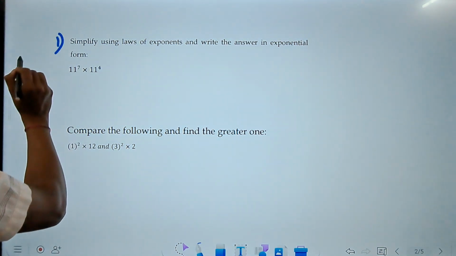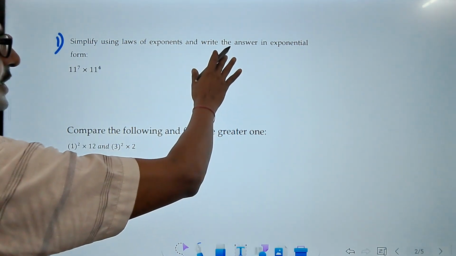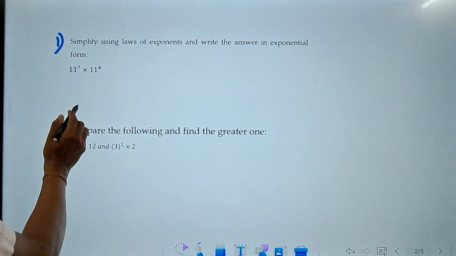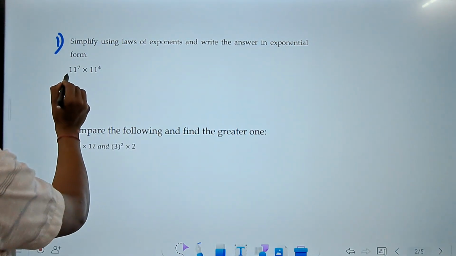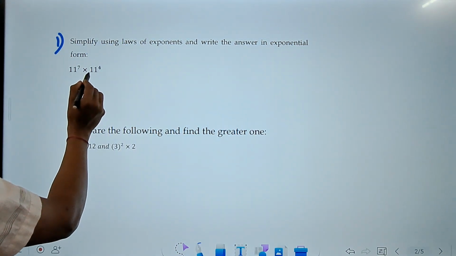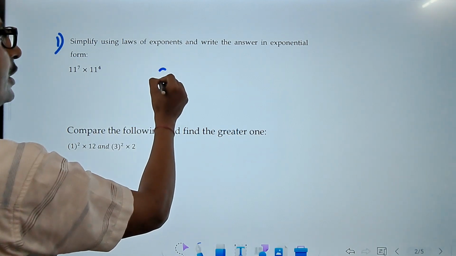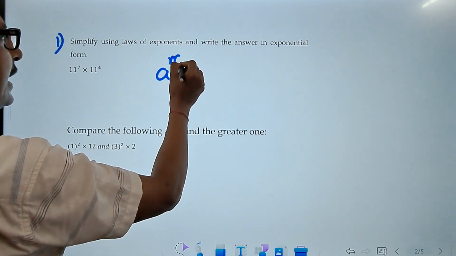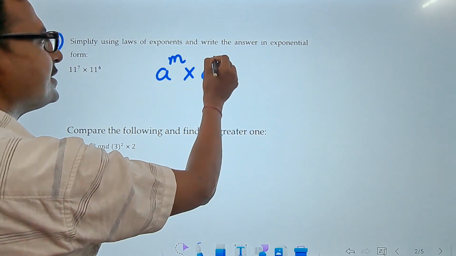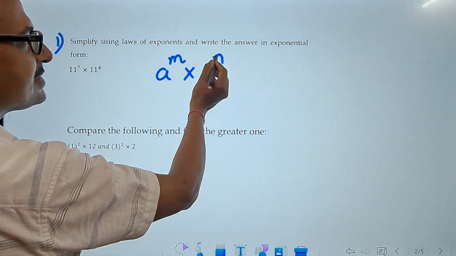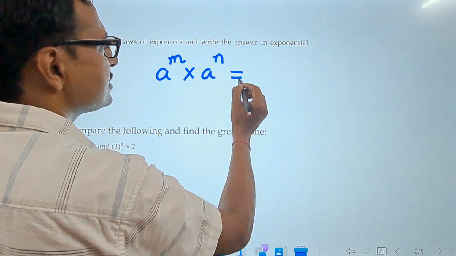The first question here is simplify using laws of exponents and write the answer in exponential form. So you can see here the base in both the numbers is same. So the product law, a raised to power m times a raised to power n. See, the base is same, the power is different. What does the law say?